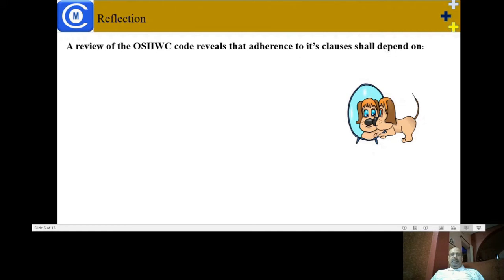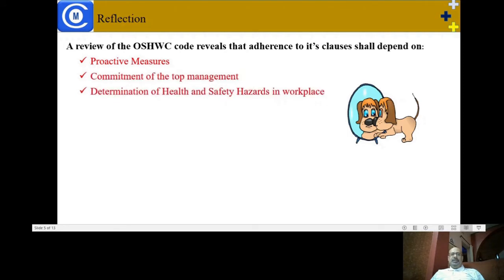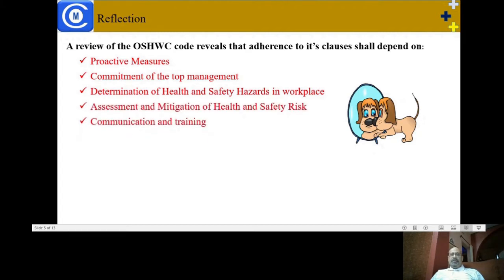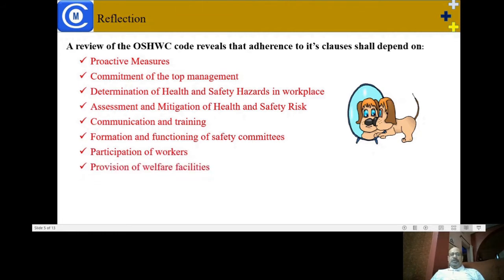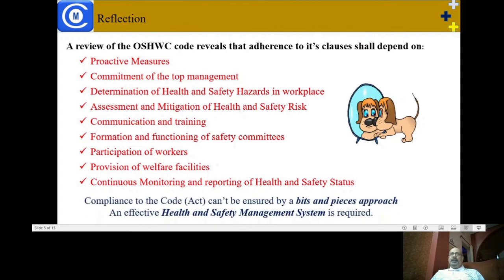So we find that the review of this code reveals that proactive measures, commitment of the top management, determination of health and safety hazards in the workplace, assessment and mitigation of health and safety risk, communication and training, formation and functioning of safety committees, participation of workers, provision of welfare facilities, and continuous monitoring and reporting of health and safety status will be required to effectively fulfill the requirements of the code.